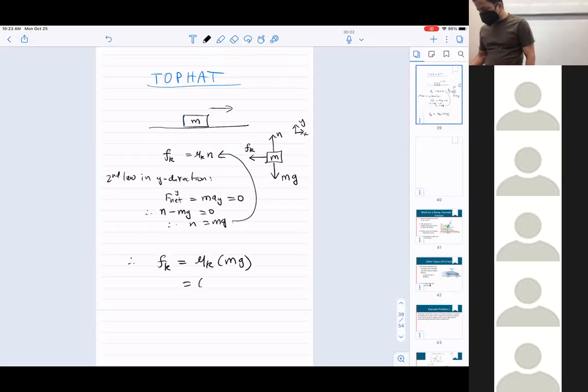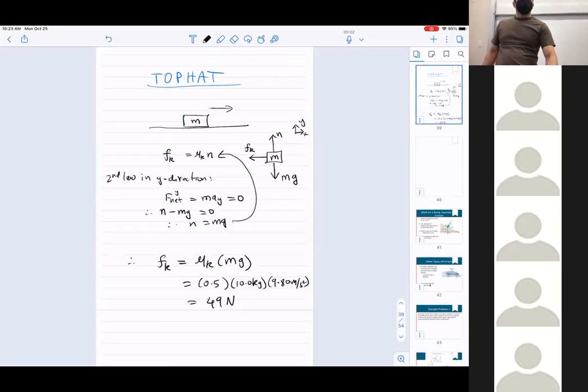And this comes out to be 0.5 times 10 kilograms times 9.80 meters per second squared. And I think this comes out to be 49 newtons. So that is the force of kinetic friction. Any questions on that? Okay.